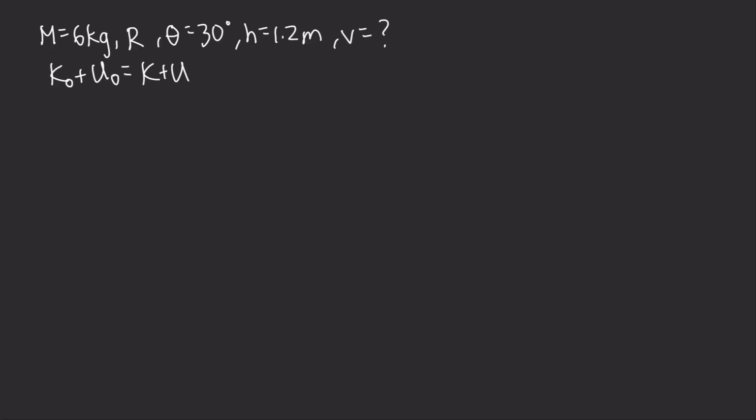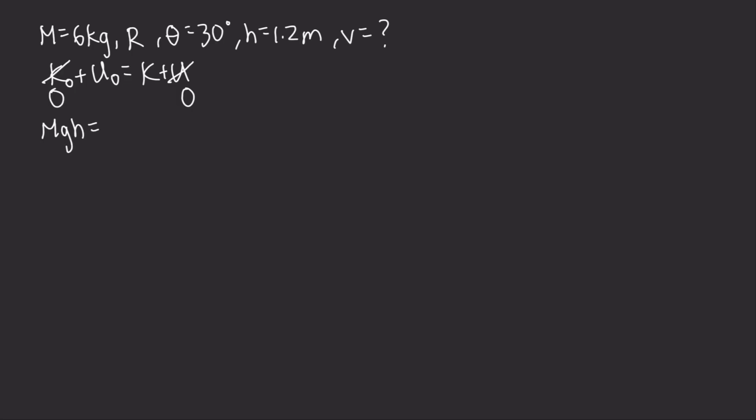And we know that K initial is 0 because it starts from rest, and U final we're going to assume is 0 because we're going to take the reference point as the ground level where the ball will end up. Now this gives us a much more simplified equation, and we can rewrite this as mgh equals K final.